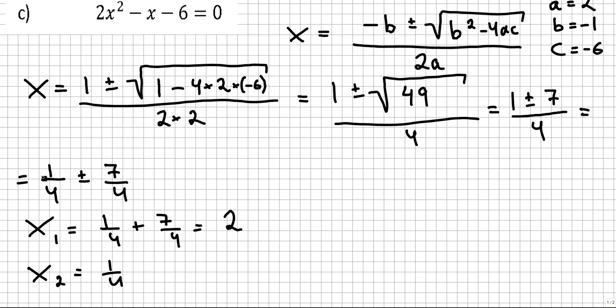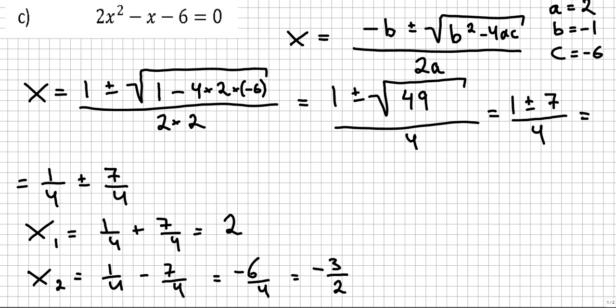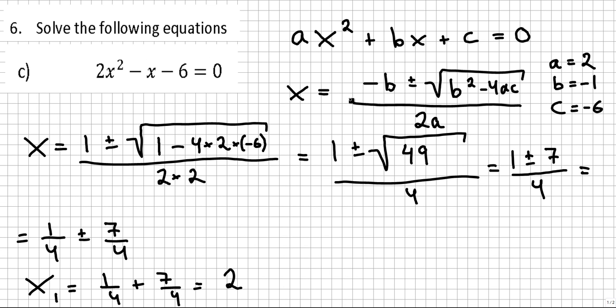Second solution, 1 over 4 minus 7 over 4. 1 minus 7 is minus 6 over 4. We can simplify this, divide minus 6 by 2 and divide 4 by 2. We get minus 3 over 2. So x is 2 or minus 3 over 2. That's the quadratic formula, and it looks like this.